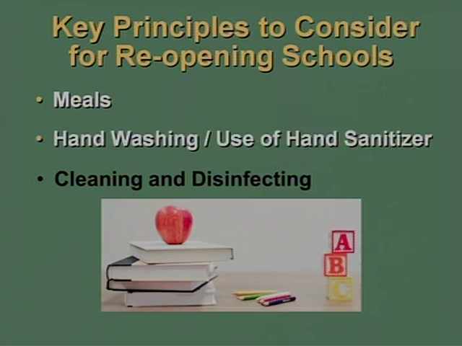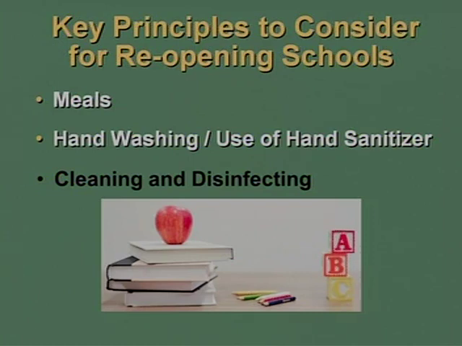The next key principle is hand washing and the use of hand sanitizer. So we know that the best hand washing is done with soap and water for 20 seconds. We also know that this is probably not going to be feasible in every school. Every classroom may not have a sink.